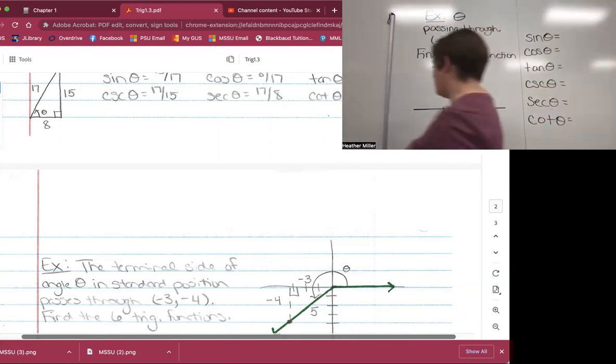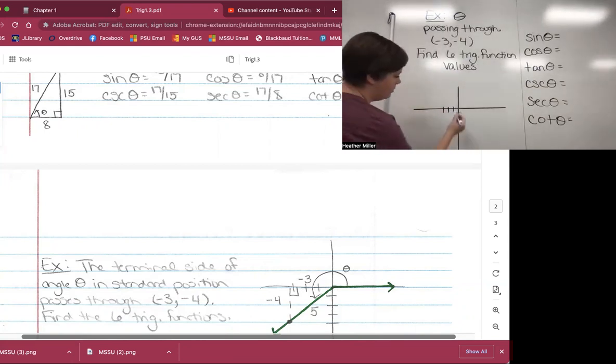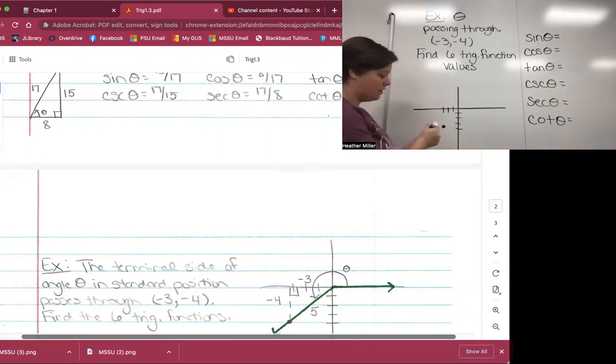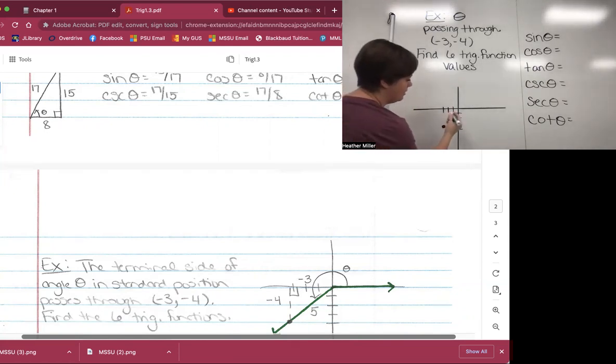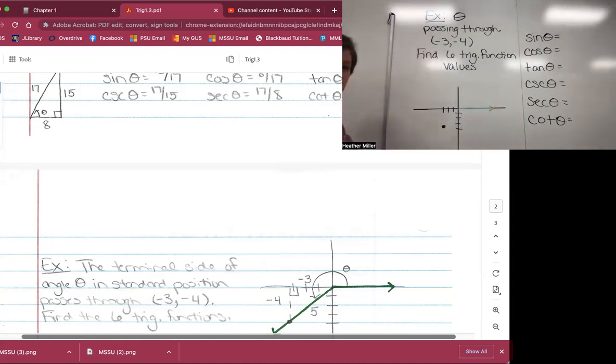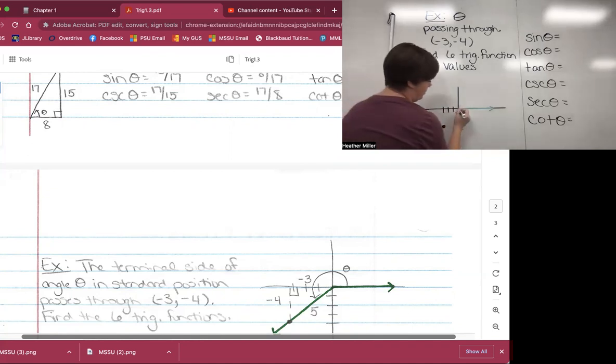We're going to plot that on our Cartesian coordinate system. So I go to the left 3 and I go down 4, and I'm going to plot this point right here. So my angle theta is going to run through that in standard position. I was hoping the green would work, but it is not dark enough, so I'll try and make it bold and big.